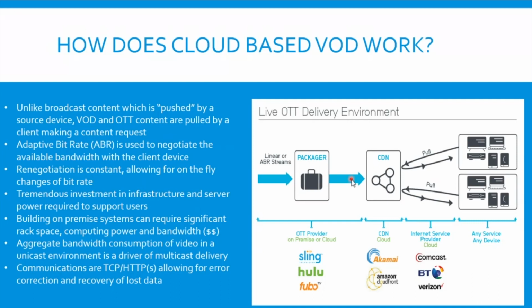These types of systems don't make sense in an on-premise environment because the initial investment in infrastructure for storage, server, compression and hosting technologies, and then the technology to do the adaptive bitrate streaming within the premise, is cost prohibitive for most clients.